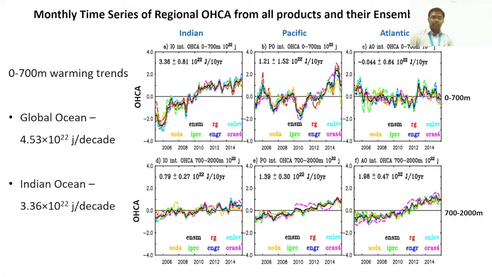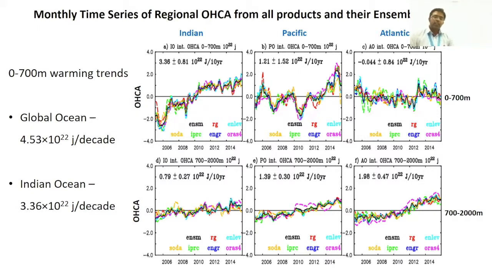Other than that, we can see that before 2010, when the hiatus was present, the Indian Ocean was rapidly gaining heat, and after that it was showing some kind of flatness. But in the Pacific Ocean, we can see that it was reducing its heat uptake before 2010, but after 2010, the Pacific Ocean again started gaining heat.